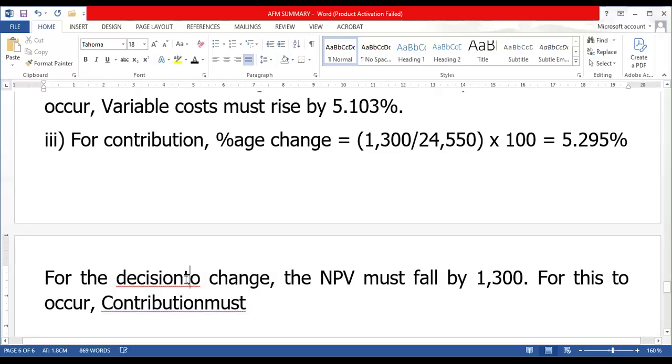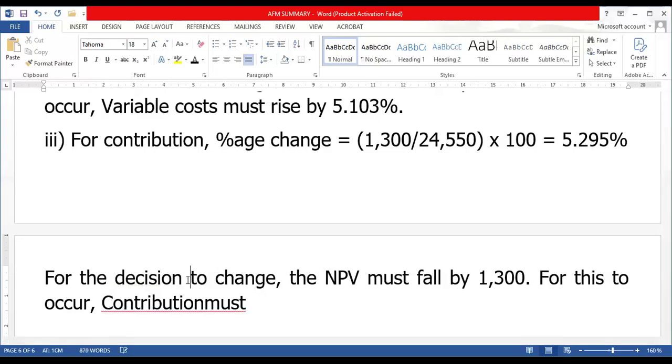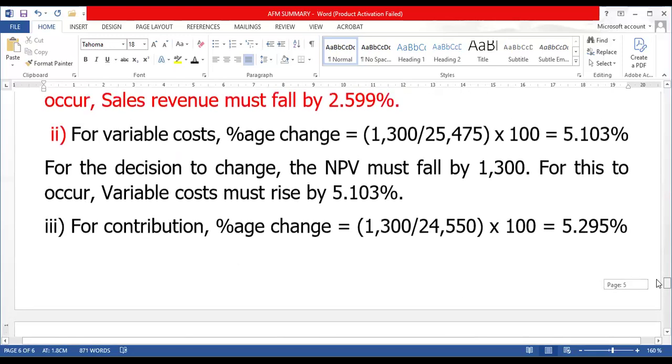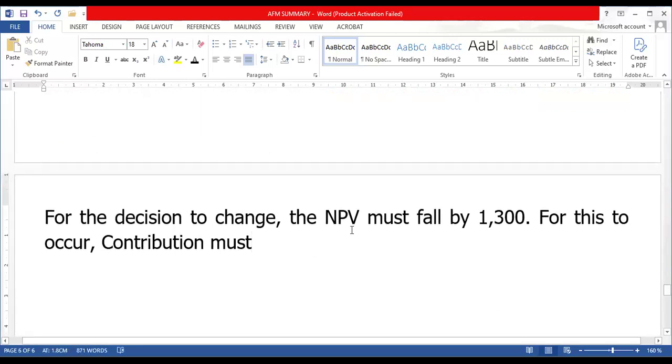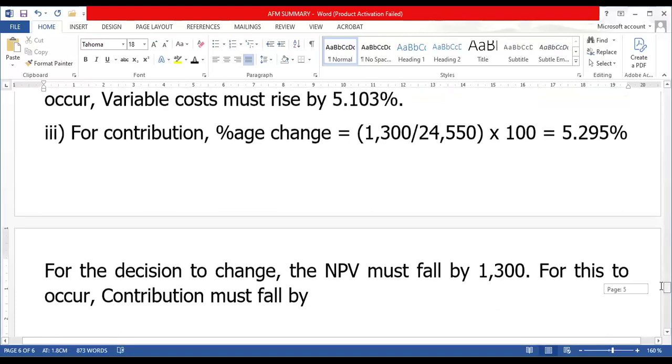Contribution must increase or reduce? Who can tell me? It's an inflow. The same way you comment on the sales revenue should be the same for contribution. So the contribution must fall, must reduce by this percentage, 5.295%.